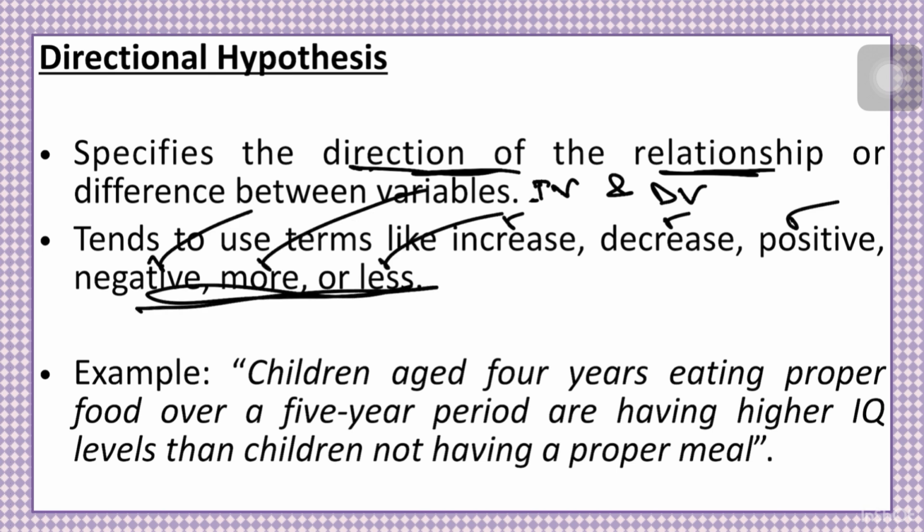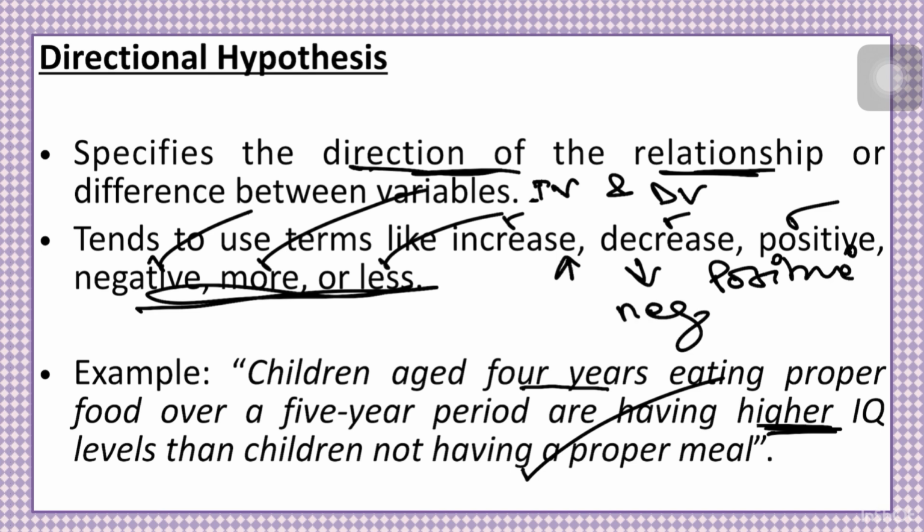An example could be: children aged 4 years eating proper food over a 5-year period have a higher IQ level than children who are not taking proper meals. So over here we are giving the direction, whether it is increasing or decreasing, positive or negative. So this is our directional hypothesis.